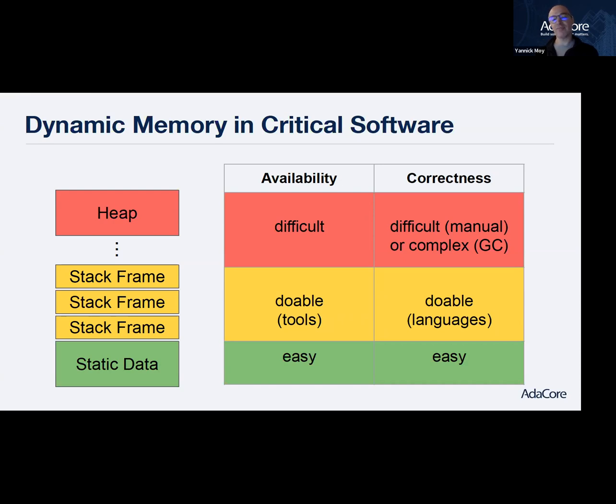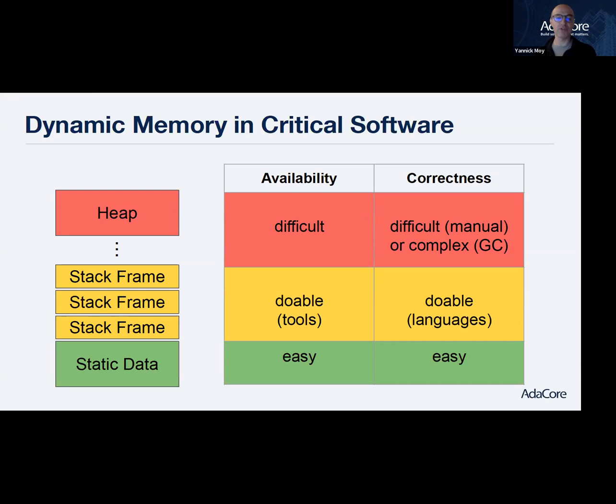For the stack, the availability can be done through tools which measure the maximum stack size. And languages like Rust and Spark can make sure that there's no pointer that outlives the memory to which it's pointing to in the stack frame. So that's doable. The difficulty lies with the heap, where it's much more difficult to make sure that there's always enough memory available, in particular due to fragmentation of the memory.